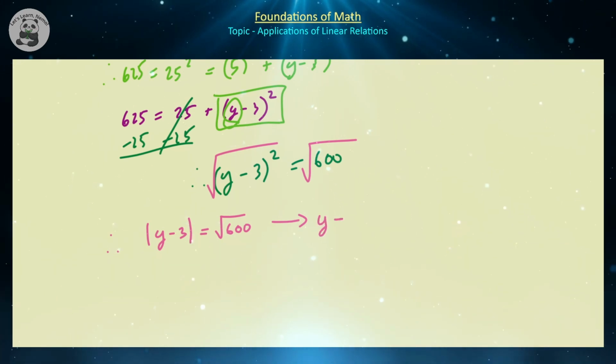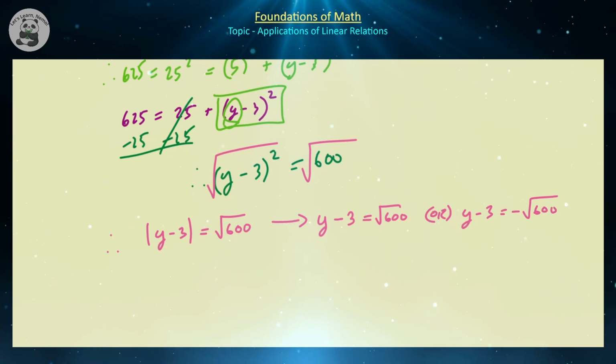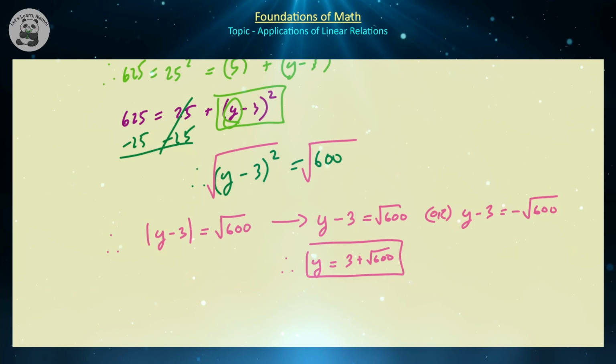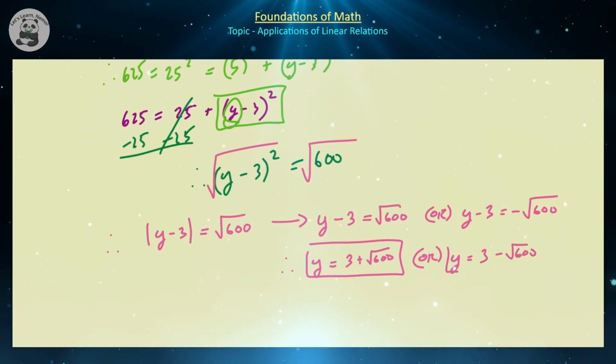So I'm going to have y minus 3 is going to be equal to the square root of 600, or y minus 3 could have been equal to the opposite, minus the square root of 600, and then I can just add 3 to both sides of both of these equations, and I'm going to have y is equal to 3 plus the square root of 600 as my first possible y value, so that's the one that was above. Or y could be equal to 3 minus the square root of 600.